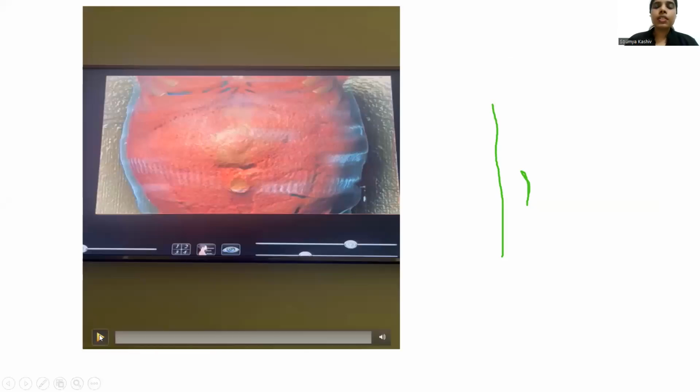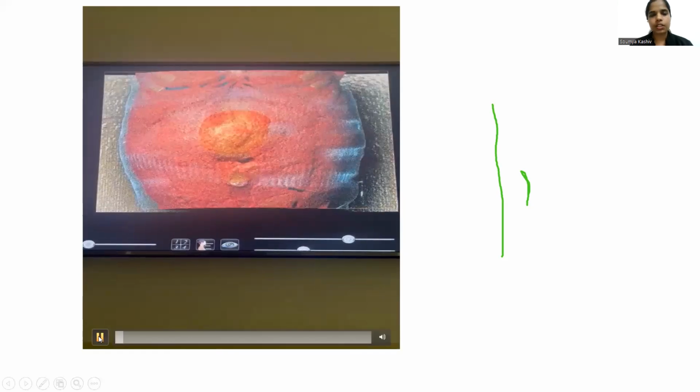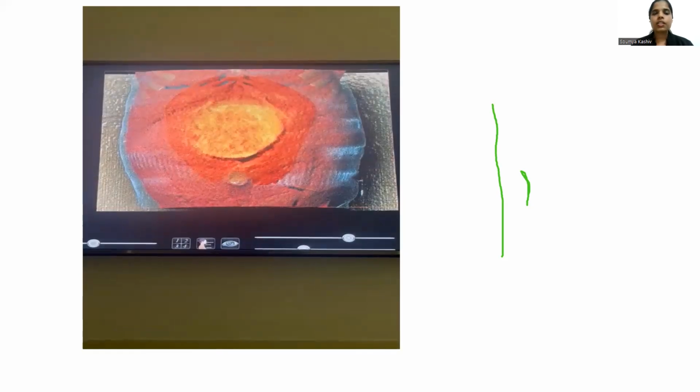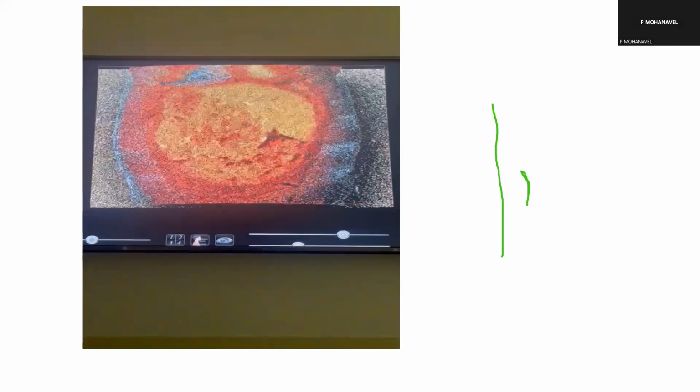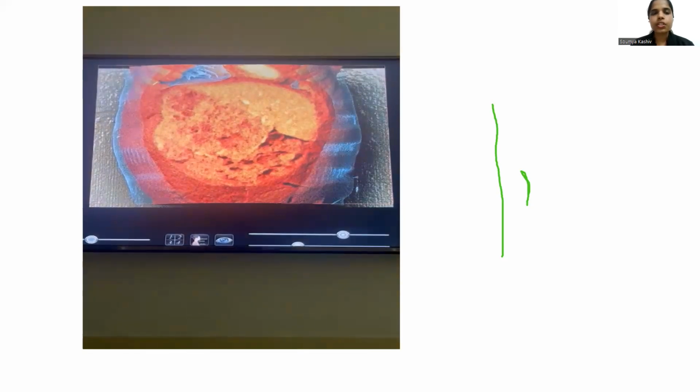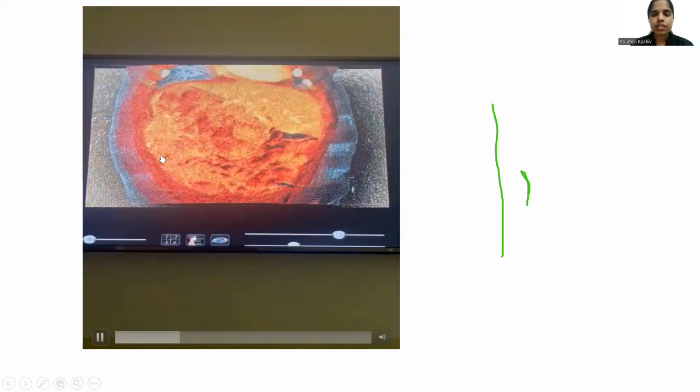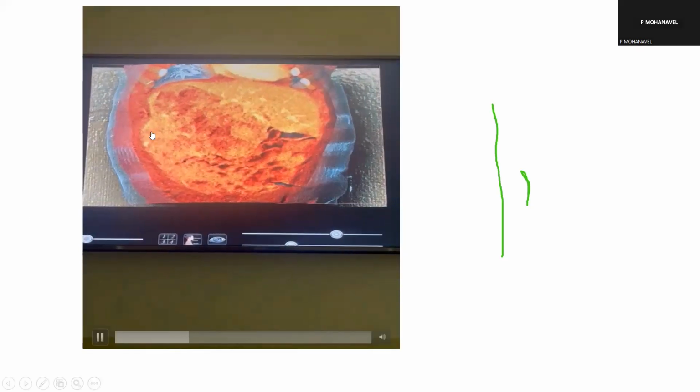So we got the CECT reconstructed as well, to see the proper vasculature surrounding the tumor and to try for a virtual dissection. This is serial dissection going on for the abdomen. This is the arterial phase itself, where we can see the tumor mass here.